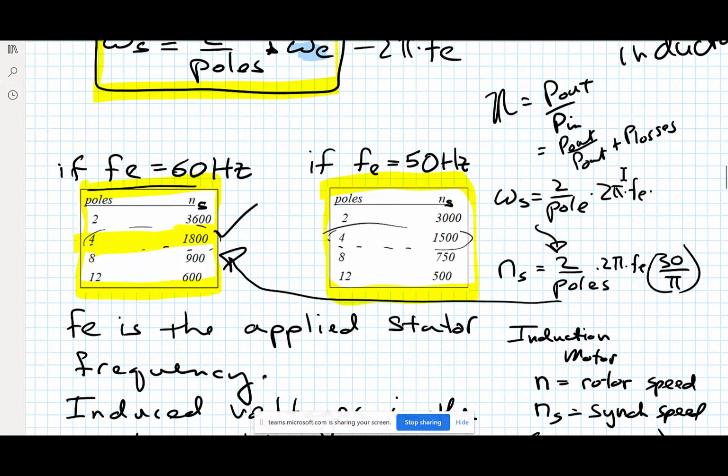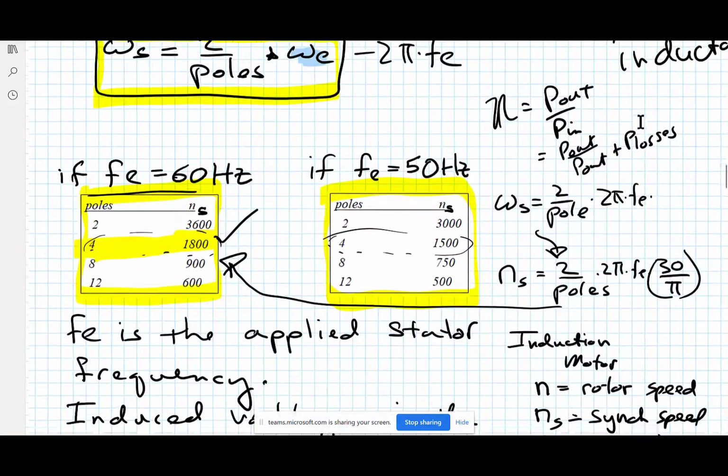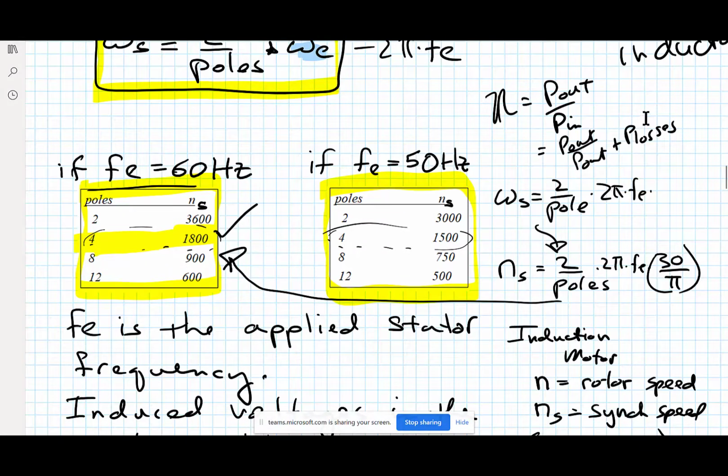And so if you're at a very light load, which means a very small slip number, then the P out part is small. And there's a certain amount of P loss that's pretty fixed, like core loss, right? Core loss is a function of voltage.